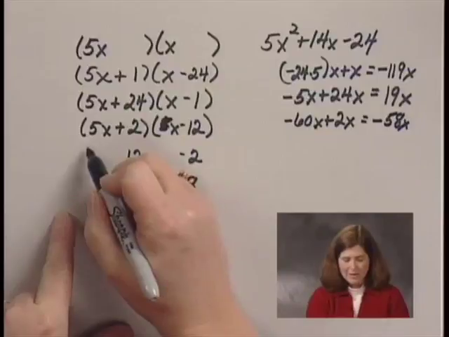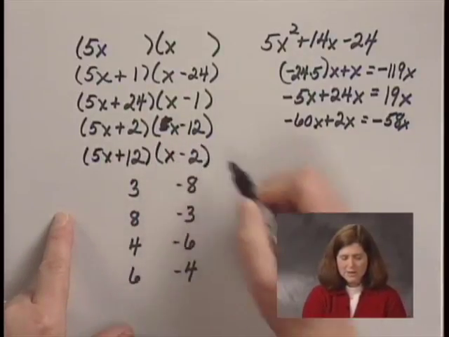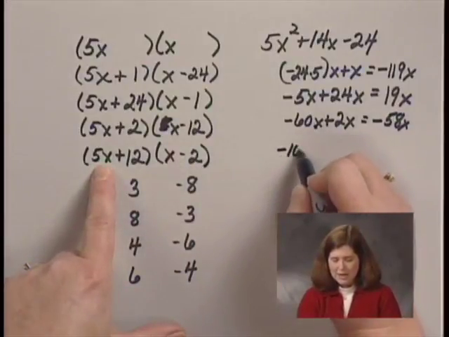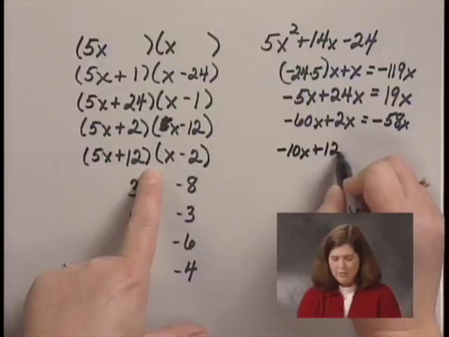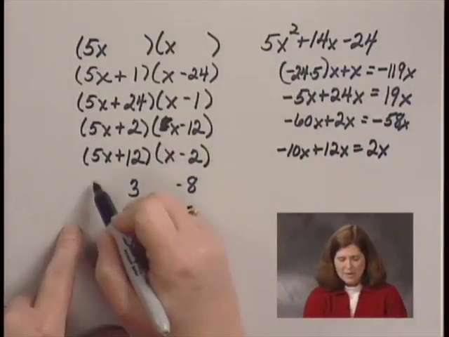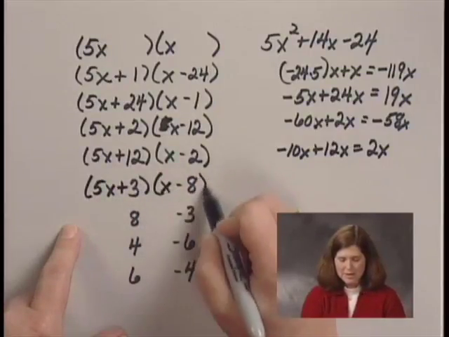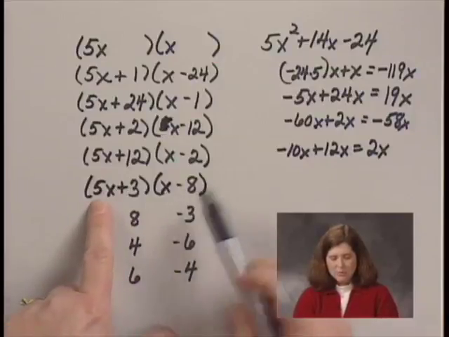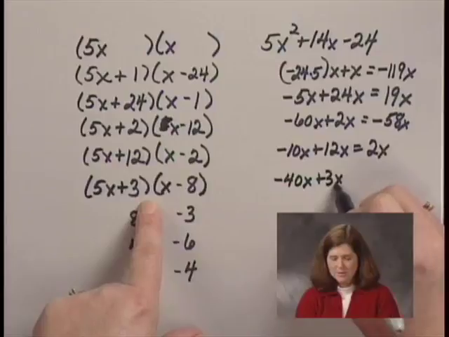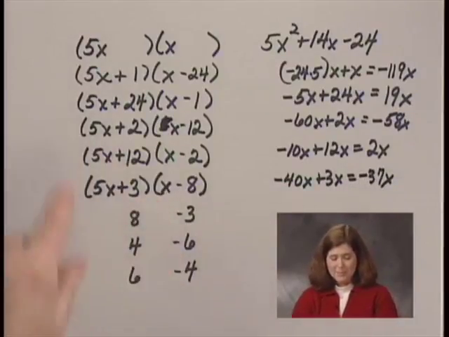That's not right. So now I try 5x plus 12, x minus 2. My middle term will be negative 10x plus 12x, which is 2x. That's not 14. I'll try 5x plus 3, x minus 8. My middle term will be negative 40x plus 3x, which is negative 37x. That's not 14 or negative 14.